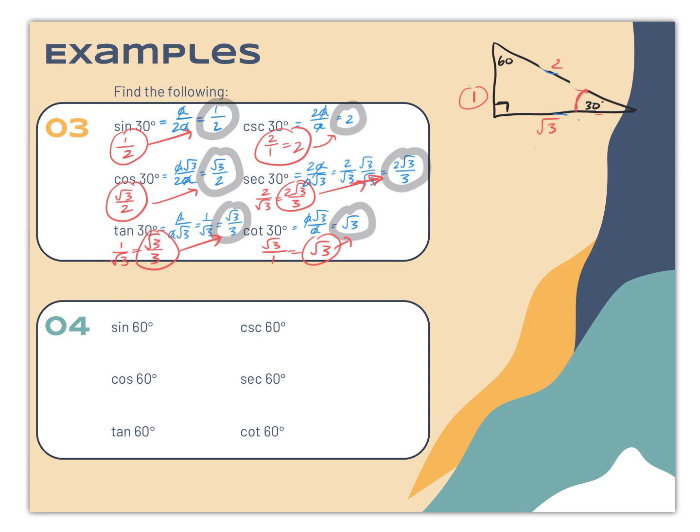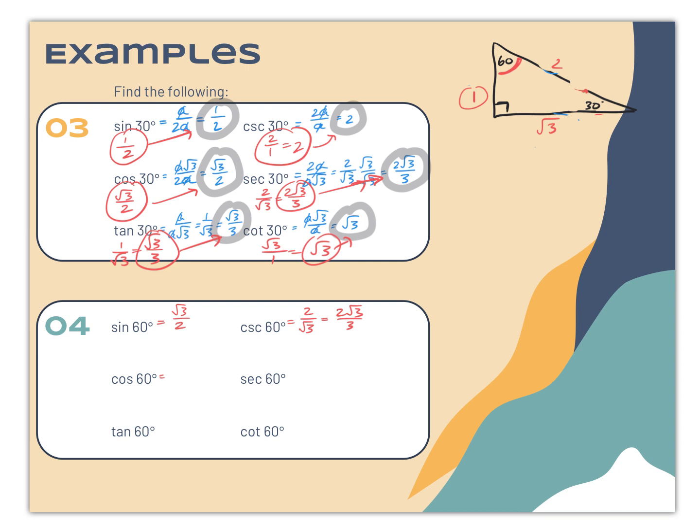So now they're asking me for the sine and the cosine and all the 6 trig functions of 60 degrees. So again, the sine is going to be opposite over hypotenuse. My cosecant is going to be that flipped. So 2 over, or hypotenuse over opposite. And yes, I do have to rationalize this, so I do have to simplify this.